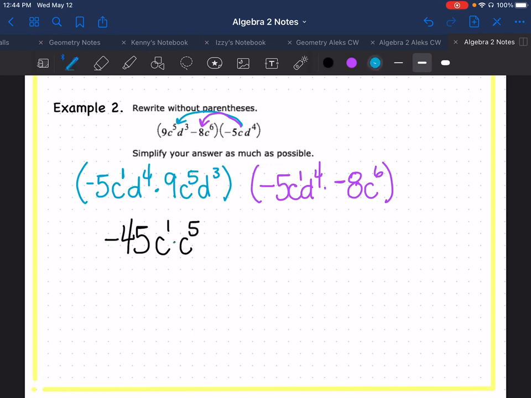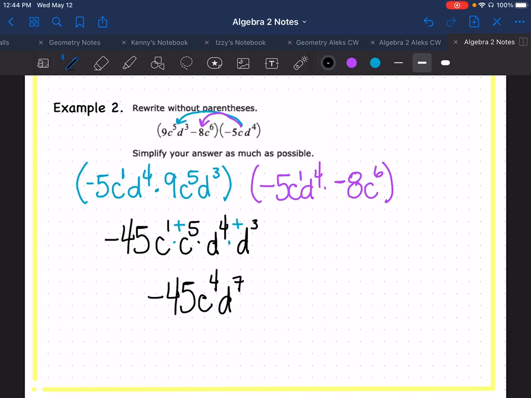The rule says when you multiply by the same base, you can add the exponents. And then I also have d to the 4th times d to the 3rd. When I multiply by the same base, I can add the exponents. Now notice that I cannot add all of the exponents. I can only add the 2 for the c and the 2 for the d. So I end up with negative 45, c to the 4th power, d to the 7th power.